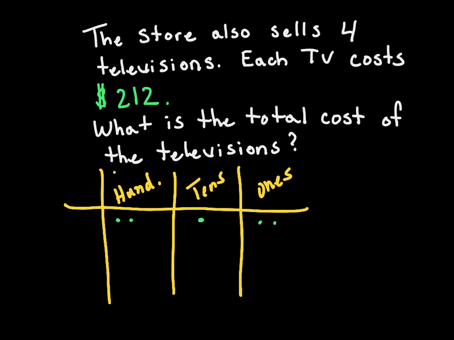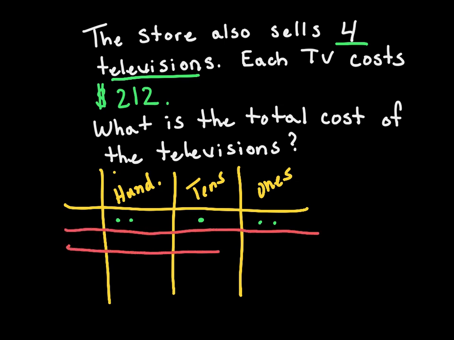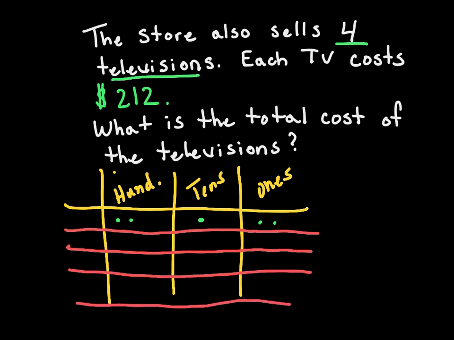But it says that we're selling 4 televisions. So that means we're going to have to make 4 equal groups. There's your 1 group, 2 groups, 3 groups, and our last group is 4. Now we have to take those place value discs and distribute them into each group.